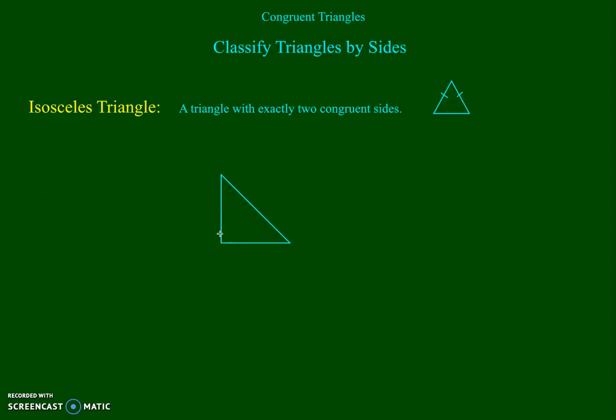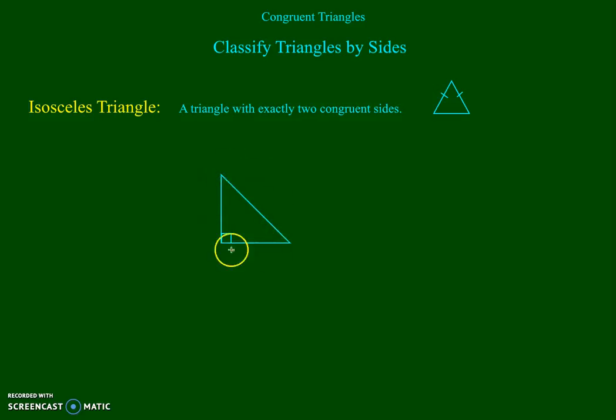Two things of note. Number one, never trust the picture. This may look like a right angle, but there's no mark here indicating that that is a 90-degree angle. But even if there was, this doesn't mean that this isn't an isosceles triangle. So be careful about your distinction.